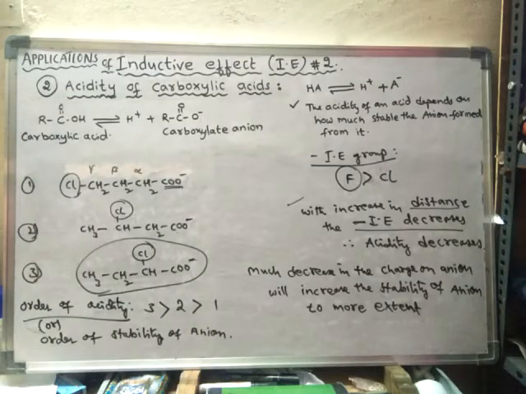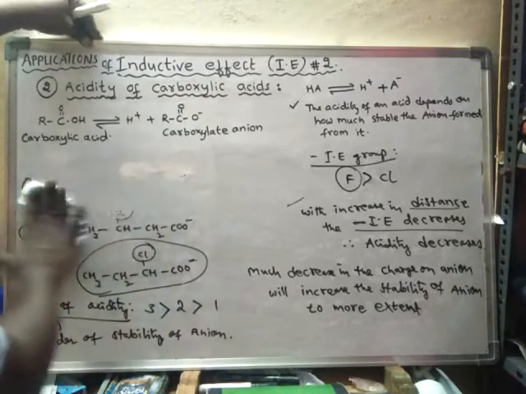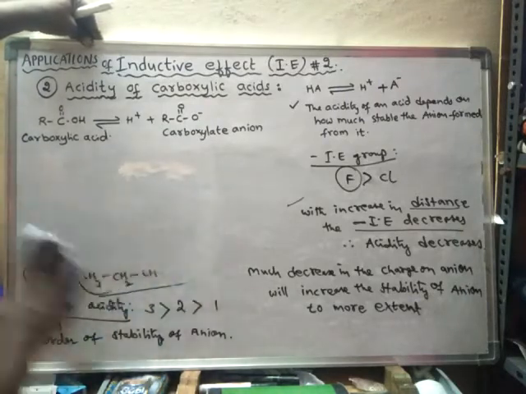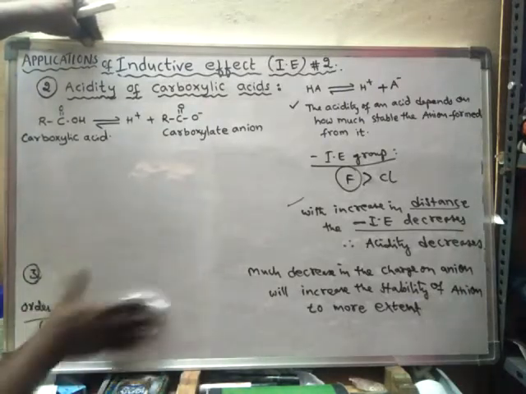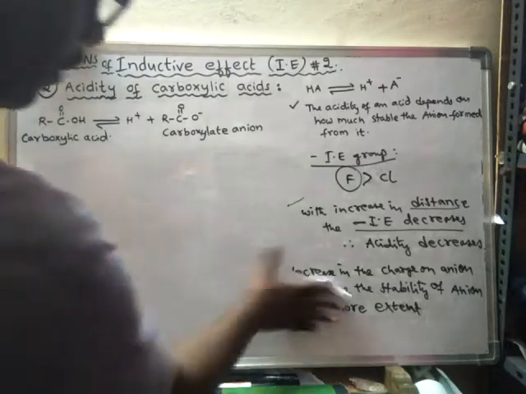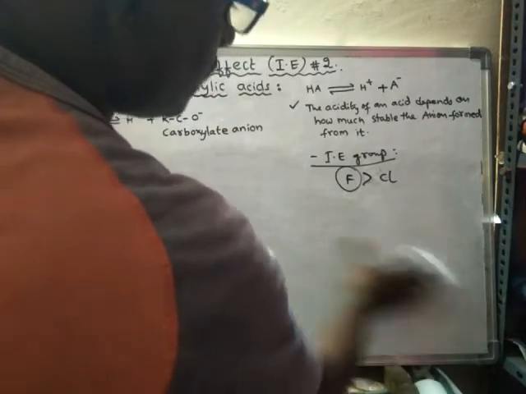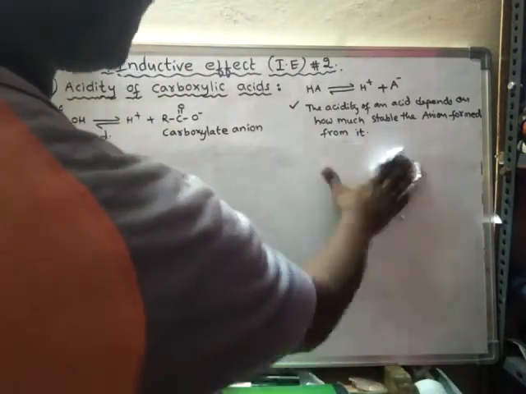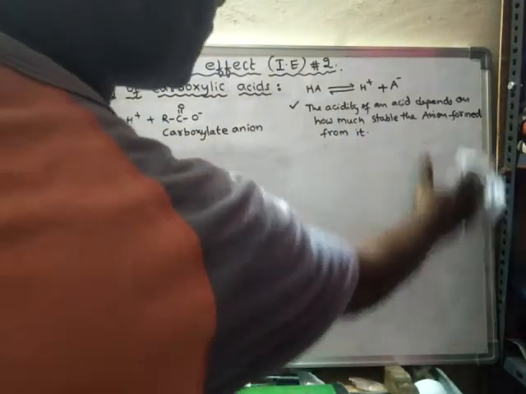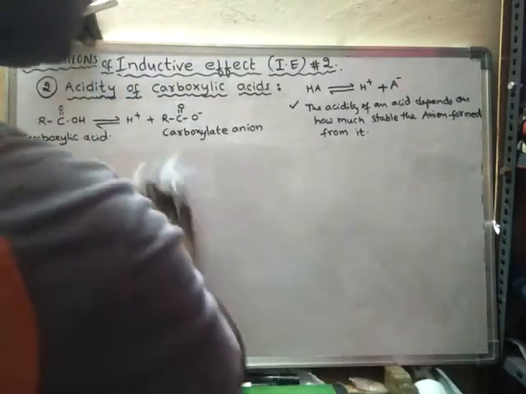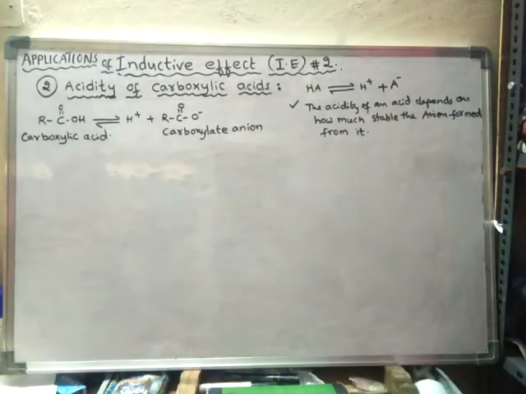Now we will see some more points related to the acidity of carboxylic acids, and how the inductive effect will change the acidity of an acid. Some more examples we will see.